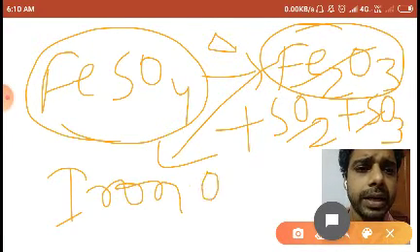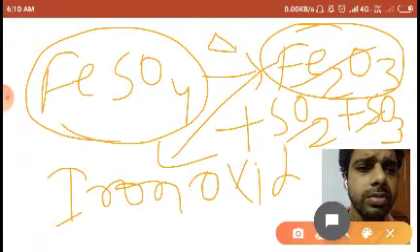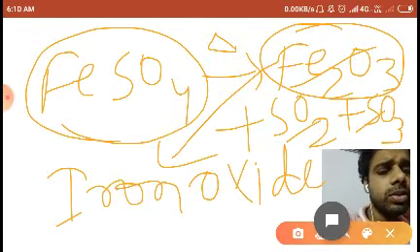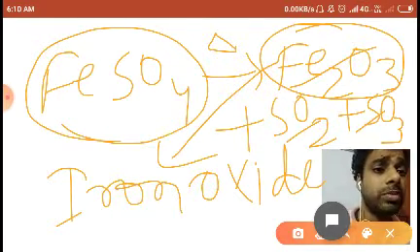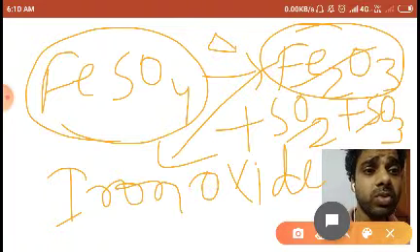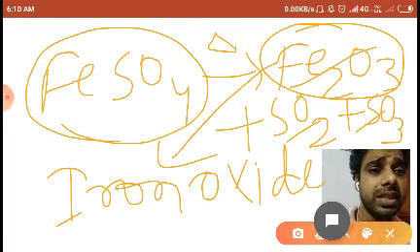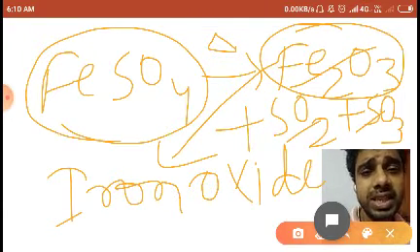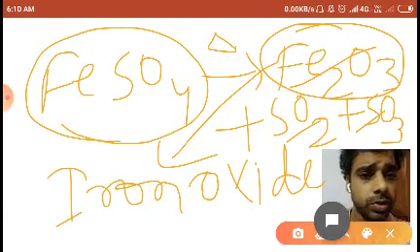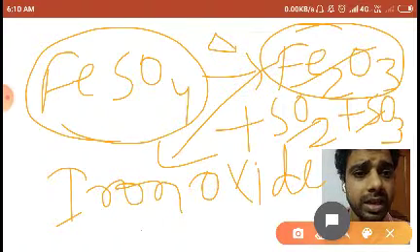What is the color of iron oxide? How many times I have told you that when asked to list any 2 or 4 observations, observation is what you are seeing. Don't write Fe2O3, SO2 or SO3 as the observation. You can write iron oxide's color: brown, reddish brown color.